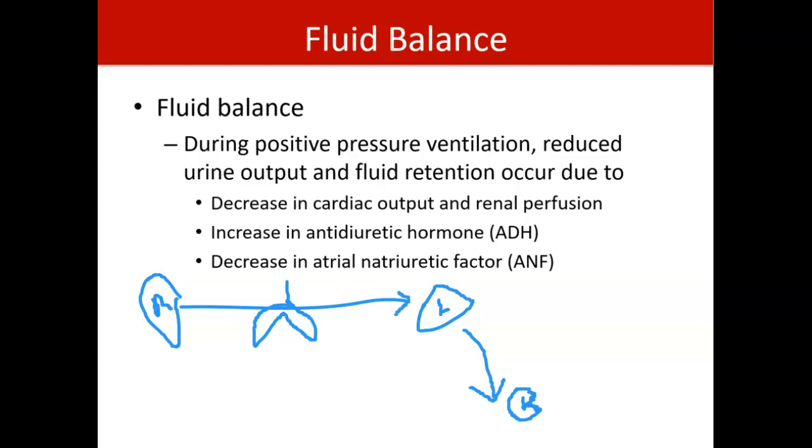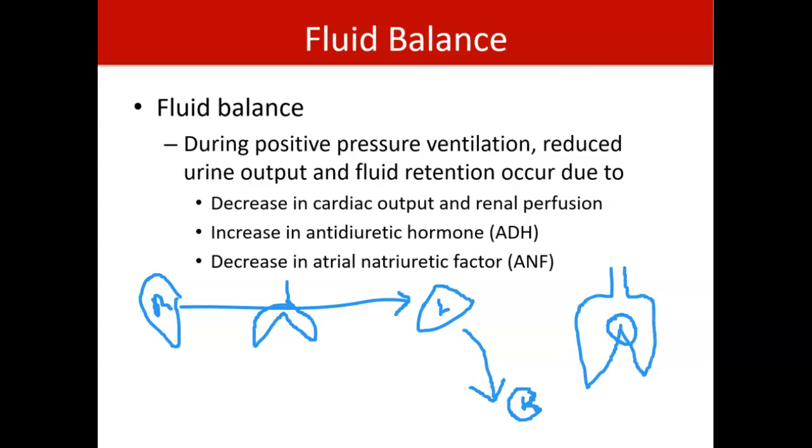Blood is supposed to return to the right side of the heart. But the right side of the heart is really sandwiched between your lungs.